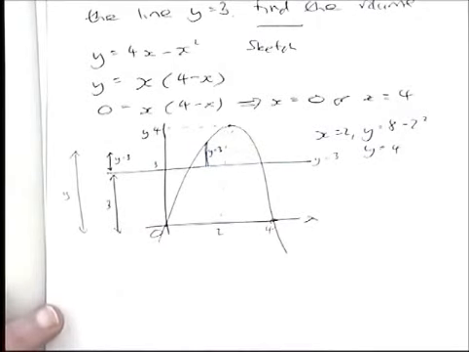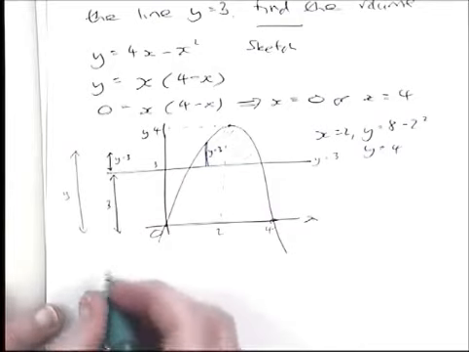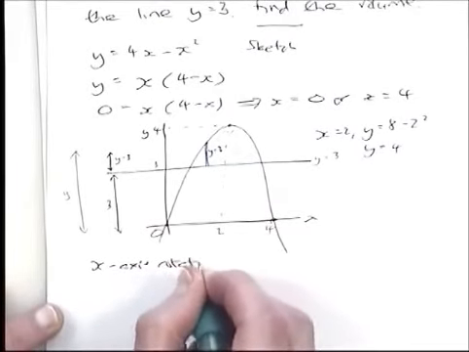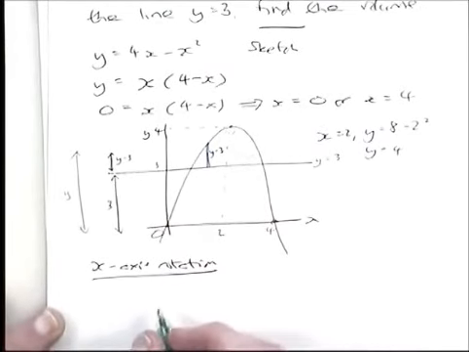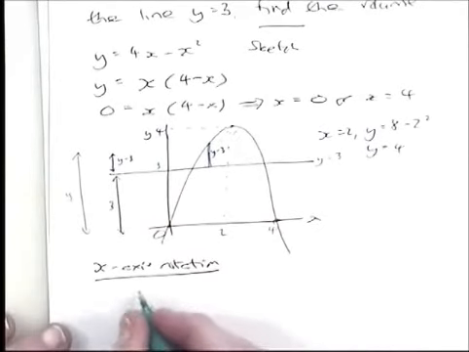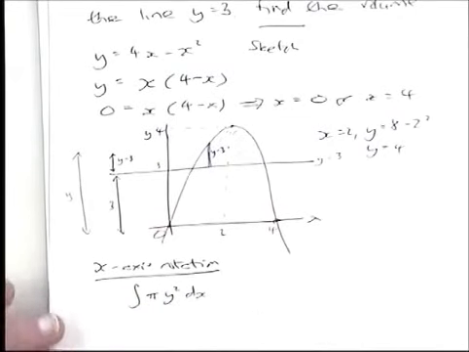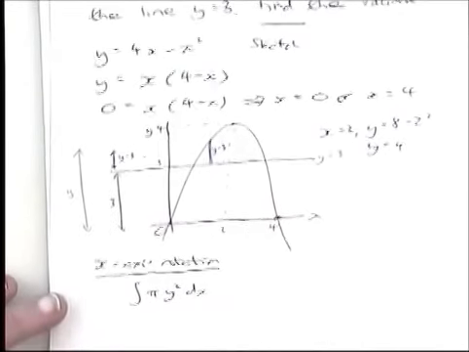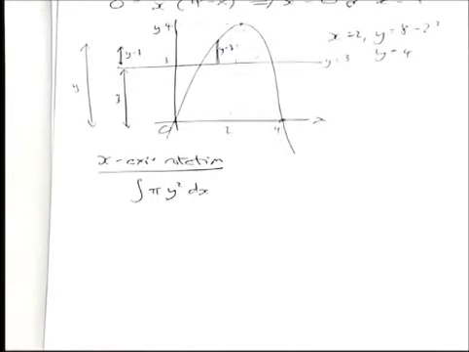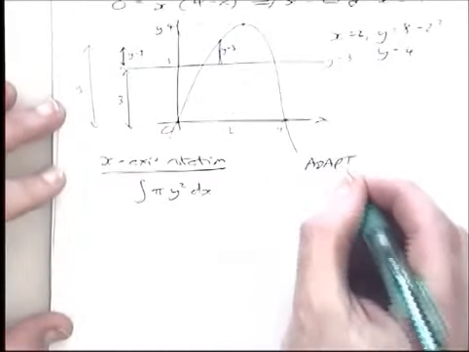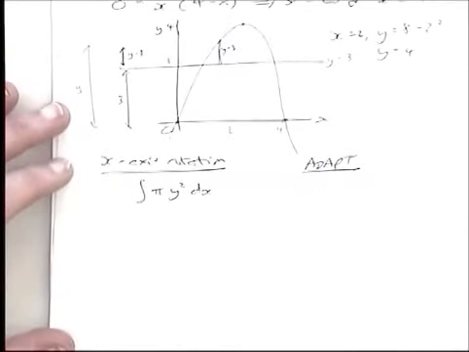So, if we're rotating around the x-axis, an x-axis rotation, we had earlier in our red box rule pi y squared dx, because the height was always the y. We're going to adapt that for our scenario here.